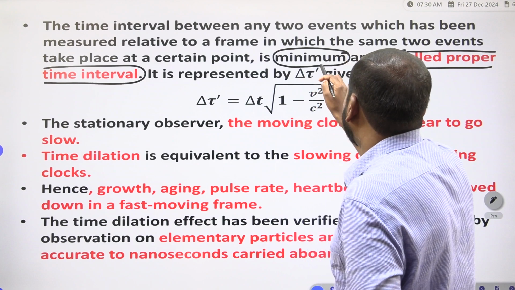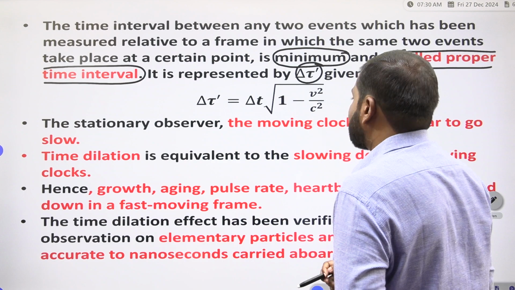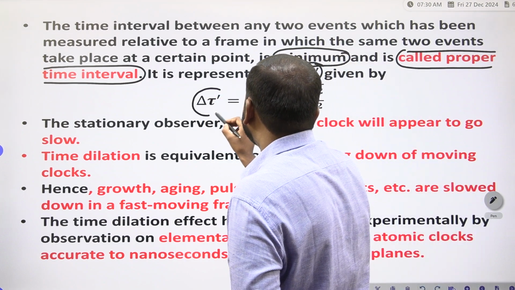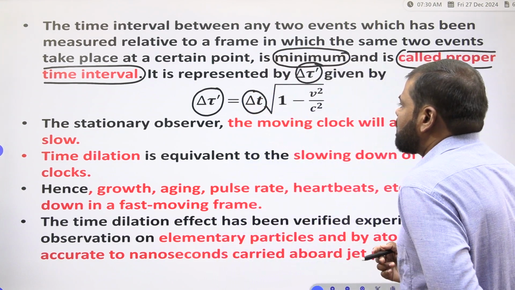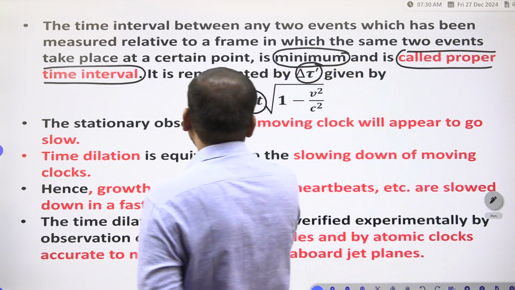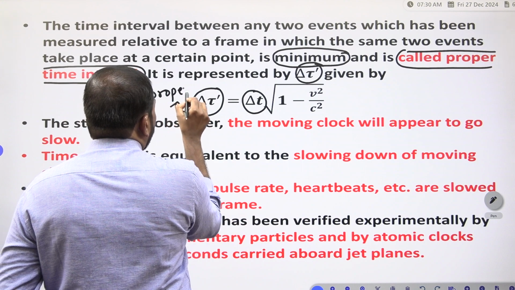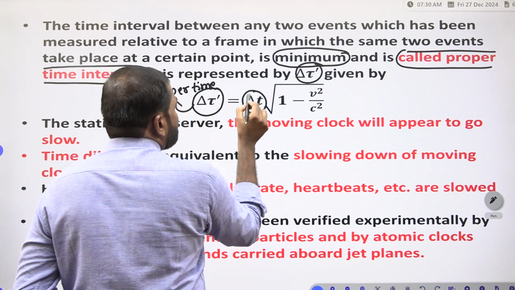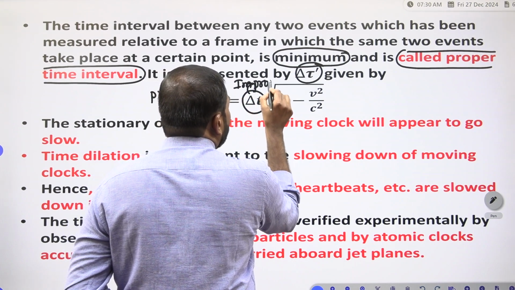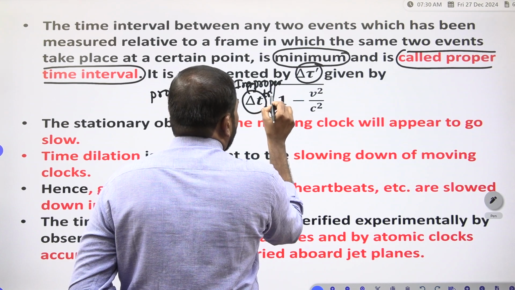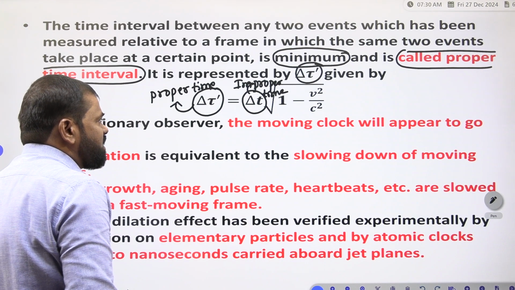It is represented by delta tau dash, and delta tau dash is equal to delta t into the square root of 1 minus v square by c square. Here delta tau dash is the proper time, and delta t is the improper time.